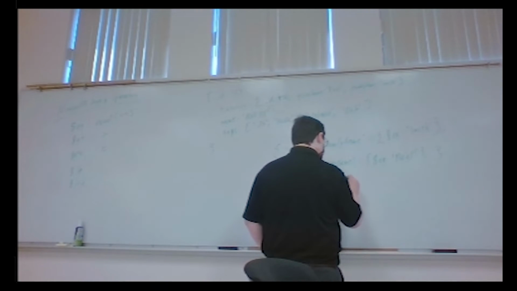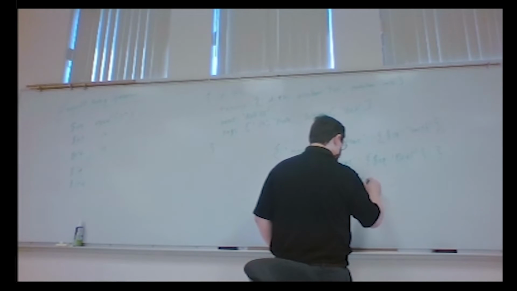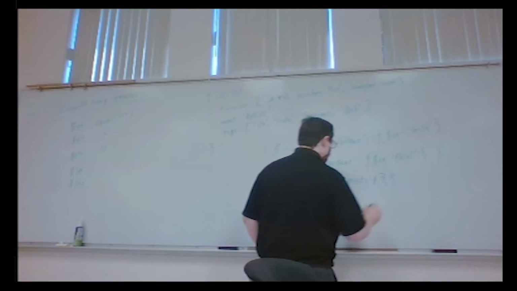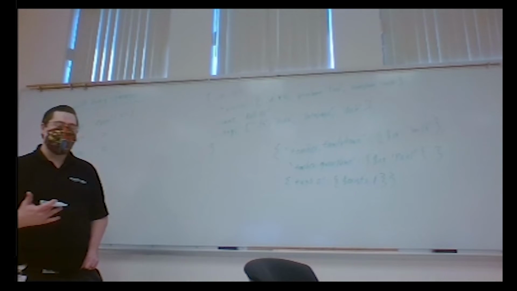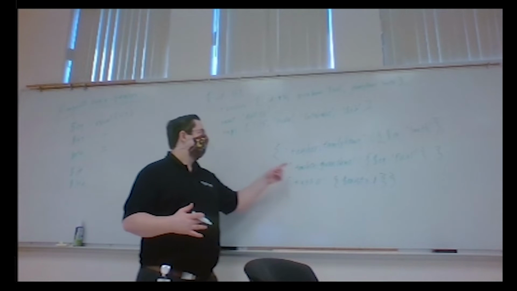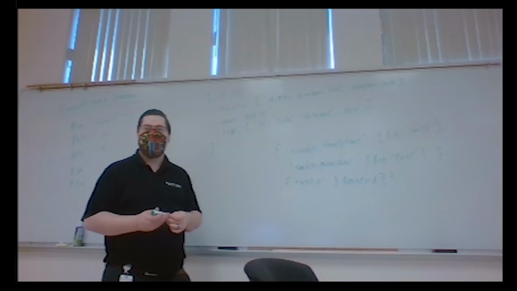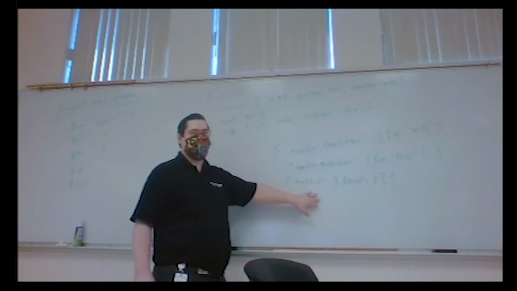I can say $exists: 1. So the exists operator just says it has to be there in the database. This would only find courses that have at least one tag. Does that make sense?